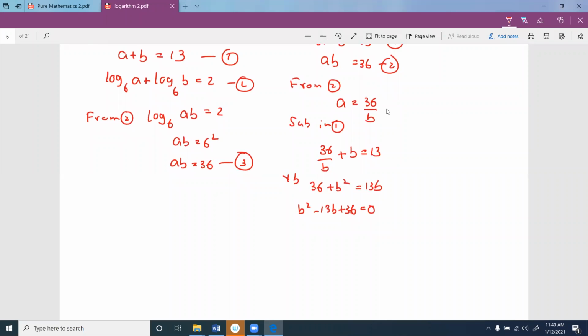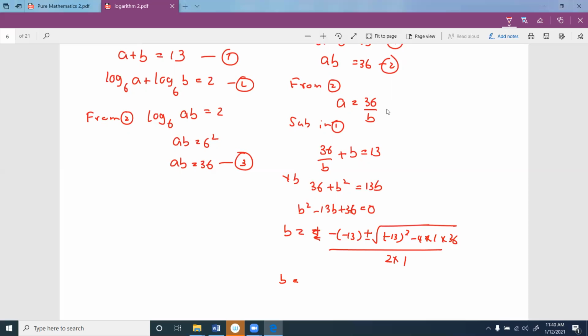So you can write b equals minus, minus 13 plus or minus the square root of b squared minus 4ac, where a is 1 and c is 36, divided by 2a, 2 into 1.